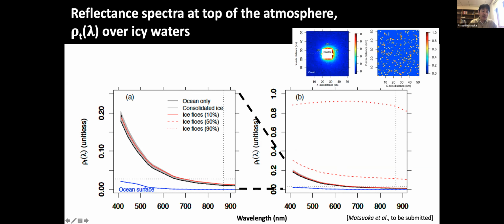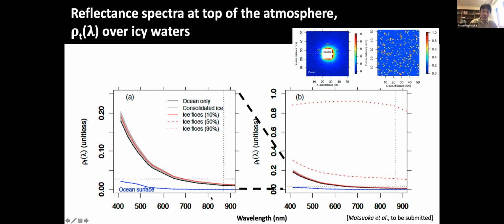It looks like a thick gray line, but actually it is a number of lines overlapping. The red line represents the top of the atmosphere reflectance over the ocean having a sea ice concentration of 10%, as shown in this figure.